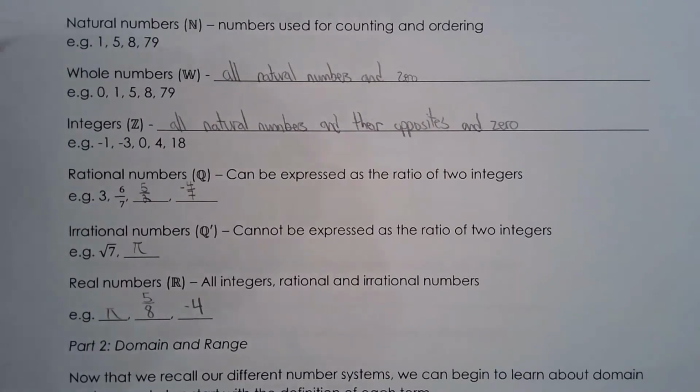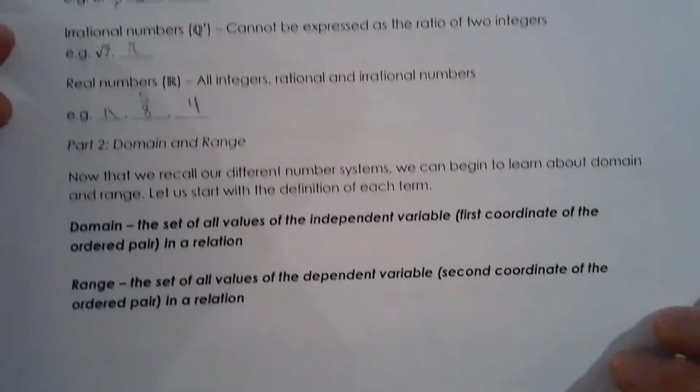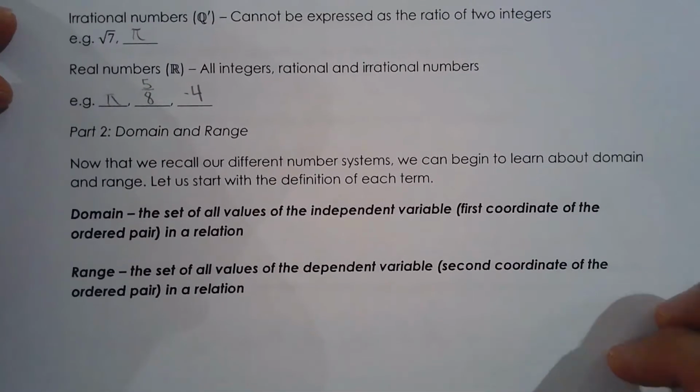But anyways, the big focus here is on real numbers. So what is a real number? That's what we really have to get after. And unless you took some extra math classes somewhere else, you've probably been working with predominantly just real numbers. All right, so now I think we're ready for domain and range.